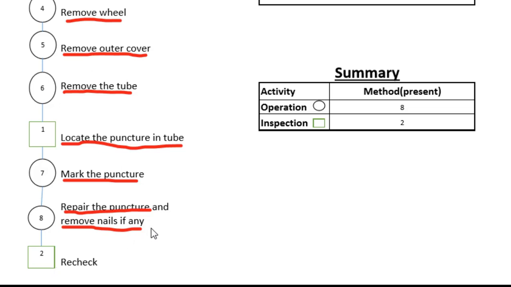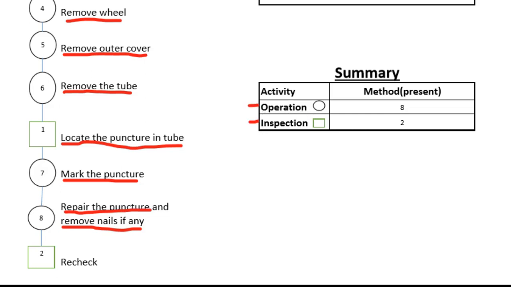So these are all the activities we have described in the outline process chart with the help of the circle and square symbols, the symbols of operation and inspection. Each operation is connected with a line. We connect all the operations and inspections with lines, maintaining the sequence. Lastly we summarize the overall activity. There are only two kinds of activity, operation and inspection.